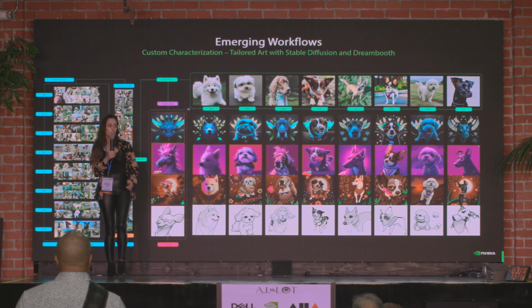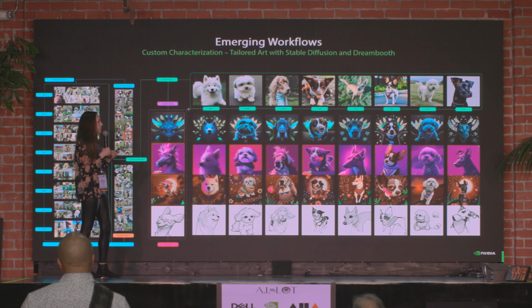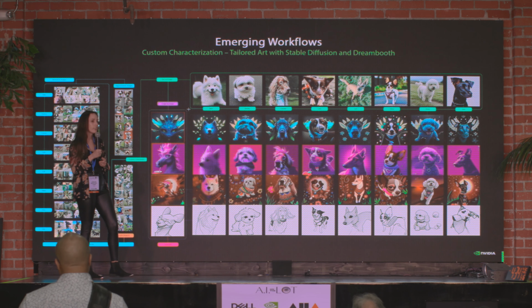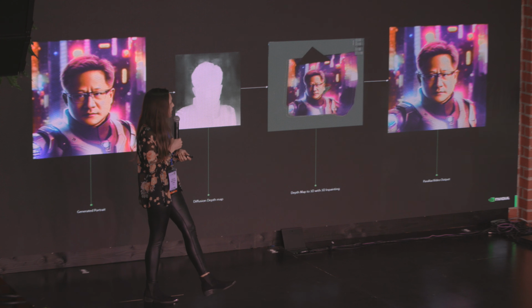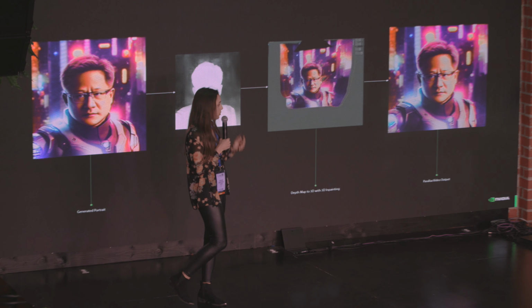And now I can start to visualize things in different angles, different lighting scenarios, in different situations much more easily. And it's a lot more controlled because it's data and content that I have given the model. It is personalized to my specific needs. It's really, really cool.